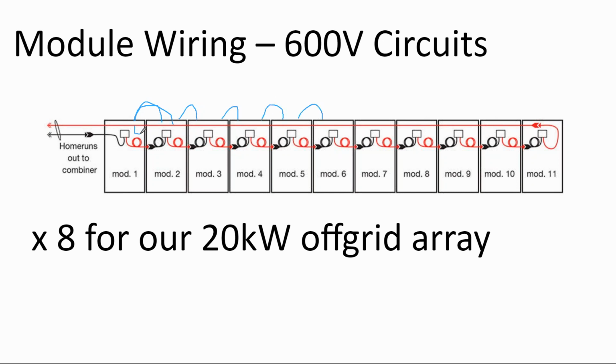Or you're installing these little boxes behind every single module, and these cables plug into the box, and then the boxes plug in positive, negative, positive, negative. Either way, you get a bunch of loose cable on the rooftop, which you then have to manage.